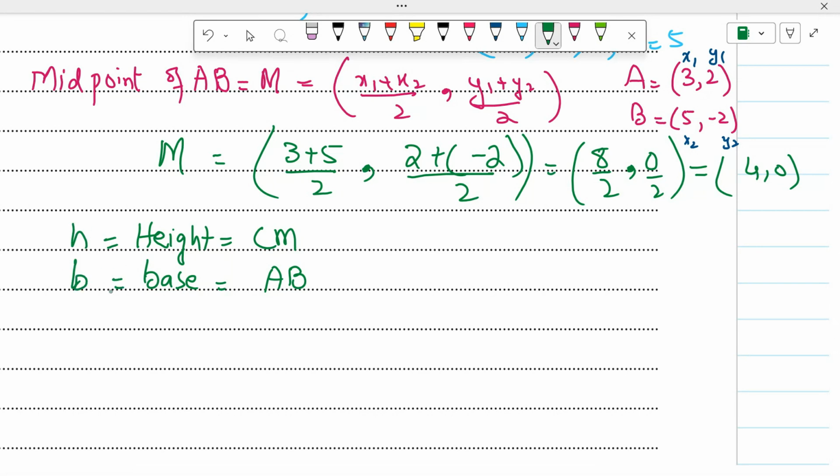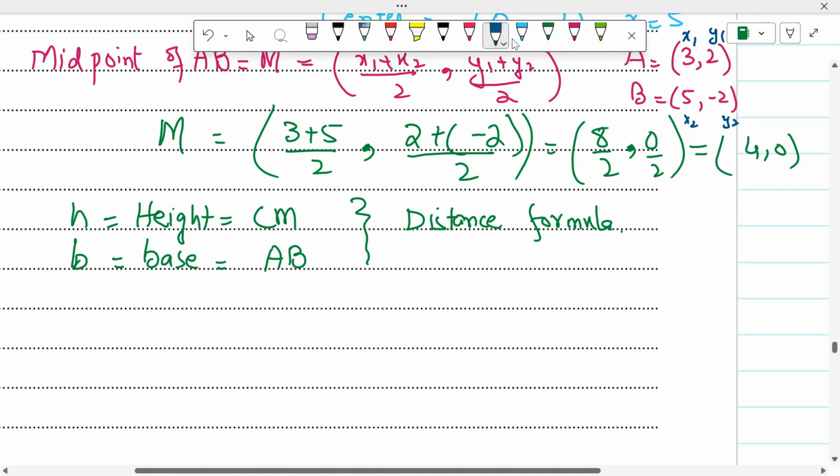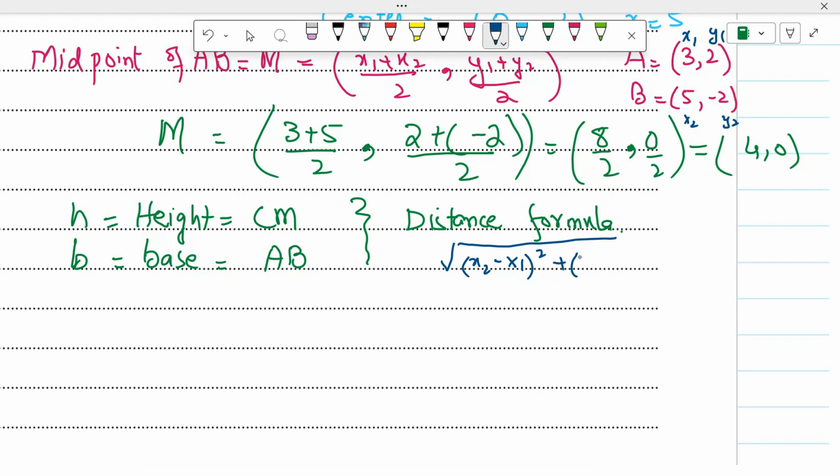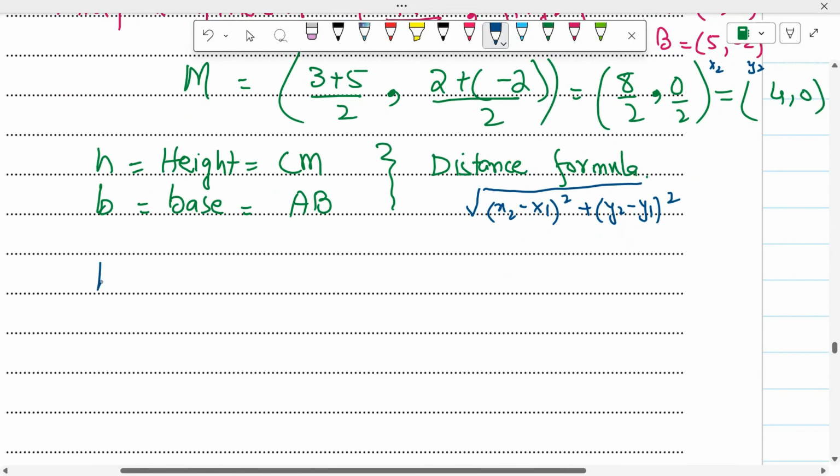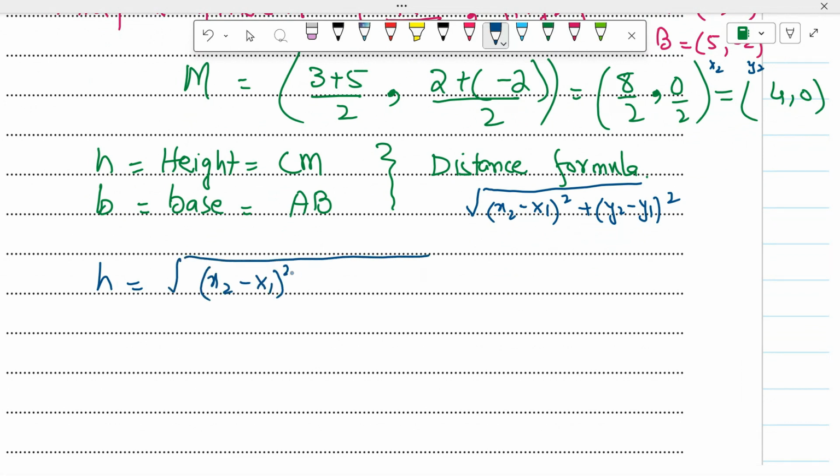So we can find height and base using the distance formula, and we know that the distance formula is equal to the under root of (x2 minus x1) whole square plus (y2 minus y1) whole square. Sorry, this one is plus.